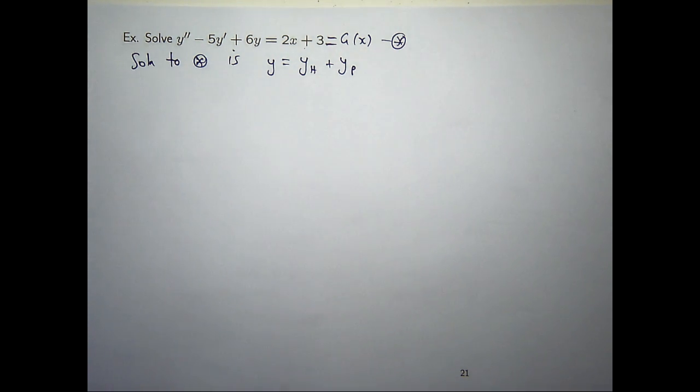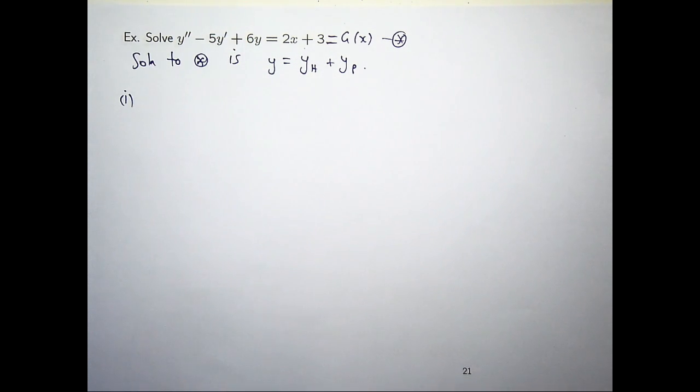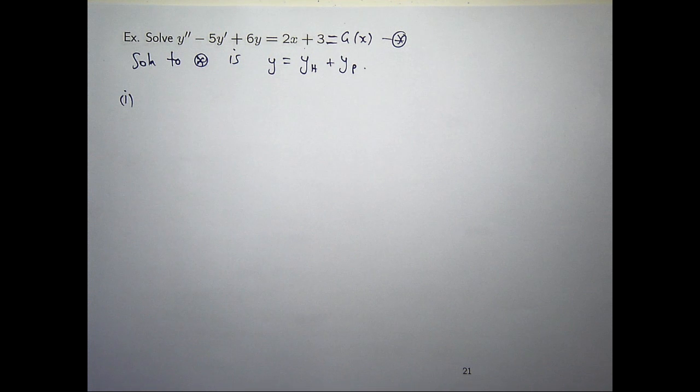Y sub h solves the homogeneous version of star, and y sub p is a particular constructed solution. That's what the p stands for. Okay, so let's just do this, and we will solve y sub h, we'll construct y sub p, and then we'll add them together.